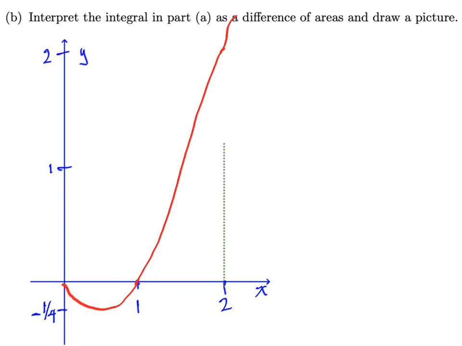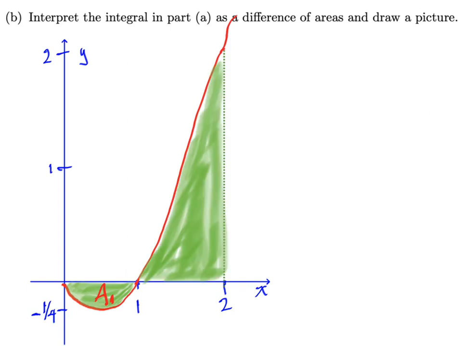And now we can shade in these two regions. So the first region, let's call that area A1. The area of that region is A1. That's a positive number. The area is always positive. And then the second region, we'll call that area A2.